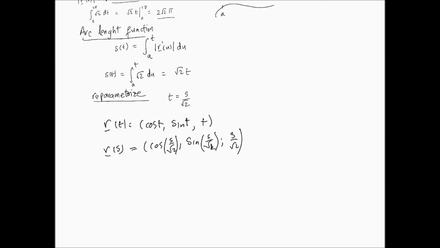So this would be the reparametrization of the vector function r in terms of the arc length. This is one of the benefits of having the arc length function, that we can reparametrize the vector function in terms of the arc length. So we're going to stop here.